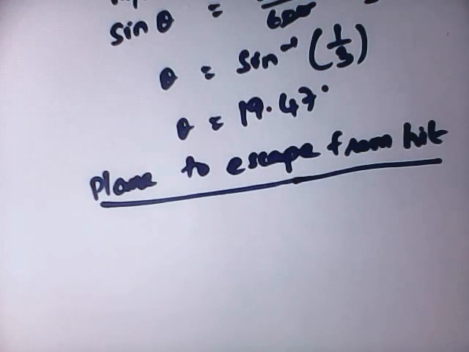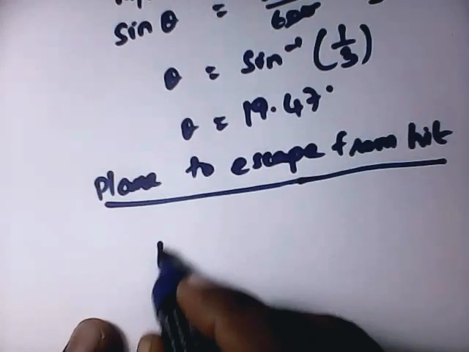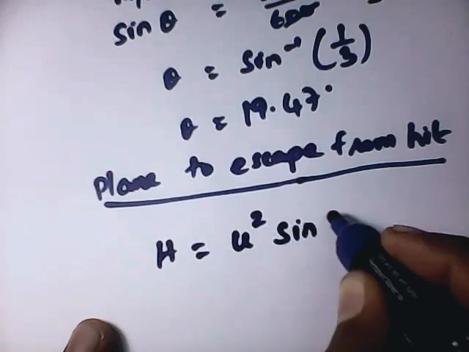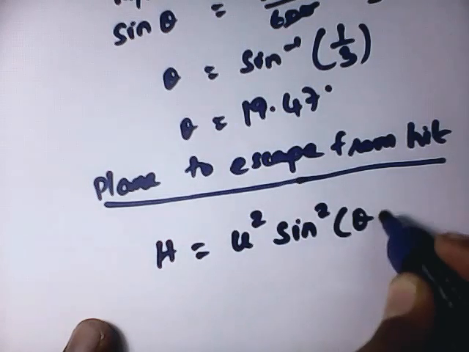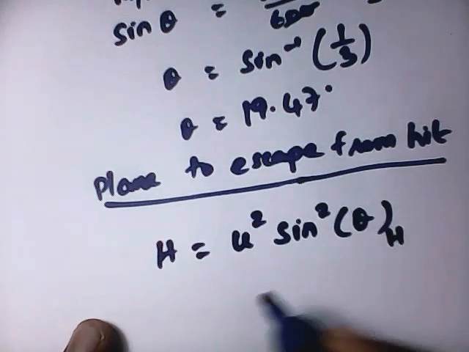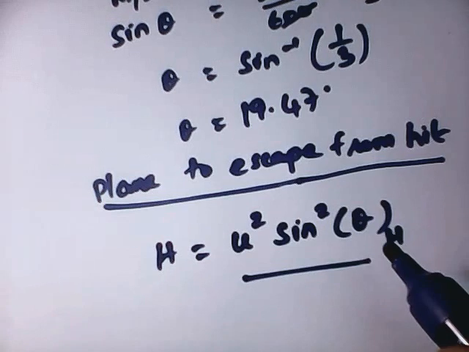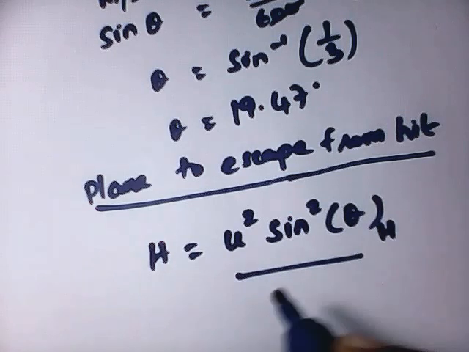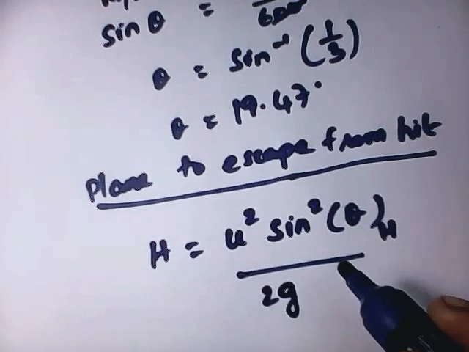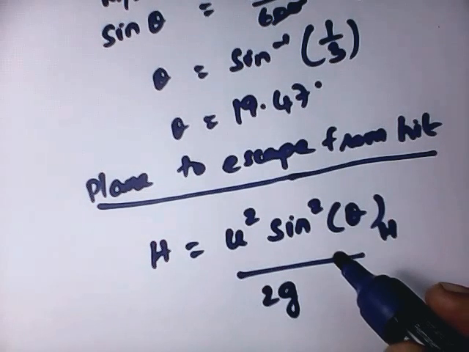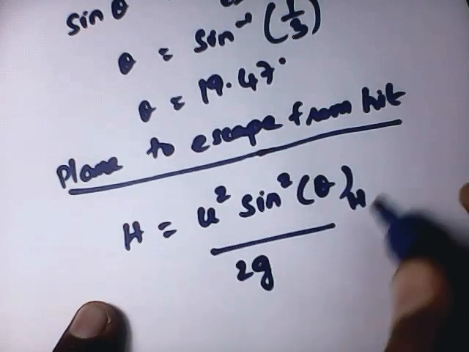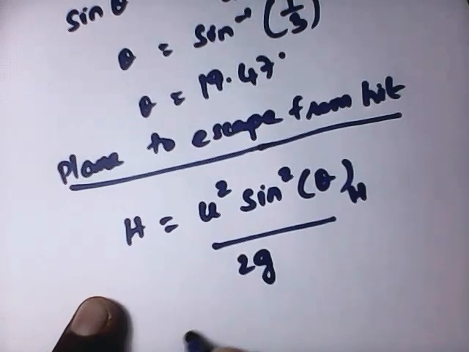It is h equal to u square sine square theta with horizontal divided by 2g, the maximum height. But here the theta is not with the horizontal, it is with vertical.